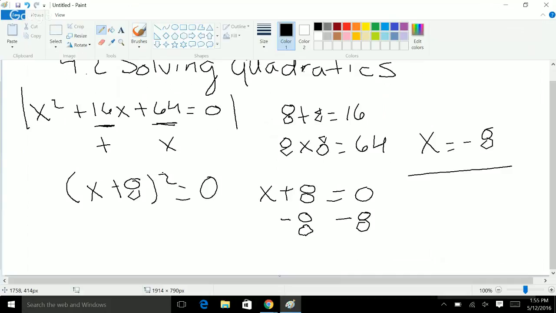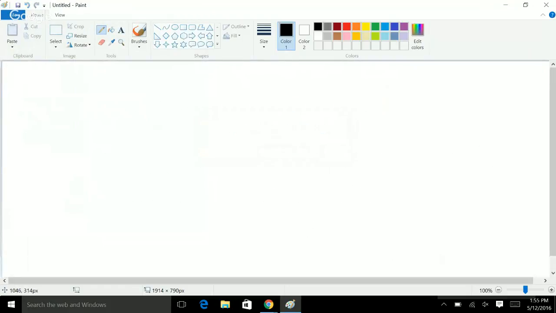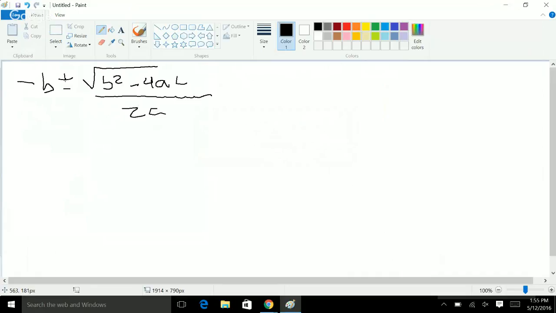Now the second one is we're going to be using the quadratic formula, which is negative b plus or minus the square root of b squared minus 4ac, divided by 2a.